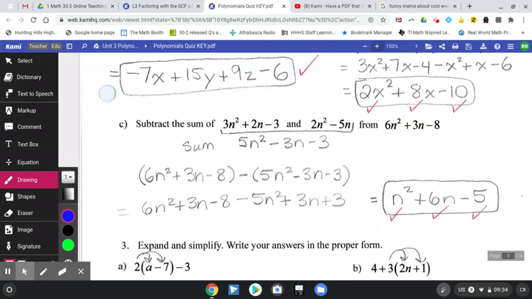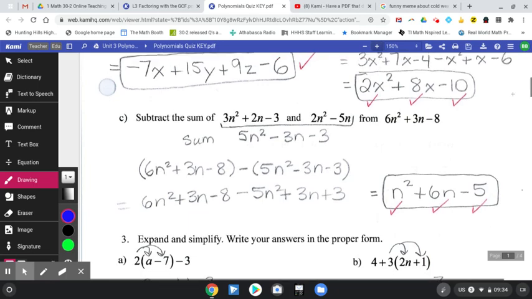So I added those two together, and here is the sum. Now I have to subtract this sum from this trinomial. So the order here is important. You have to have this one first and this one second. So that's a careful reading question.